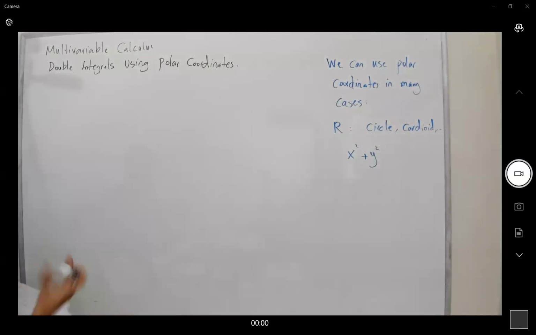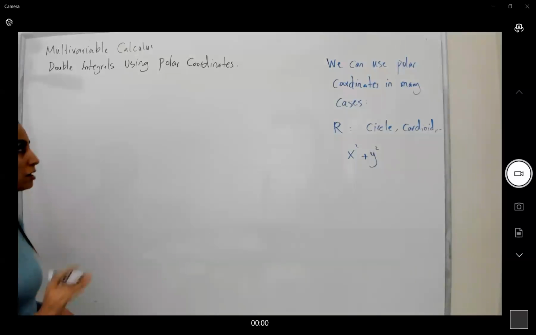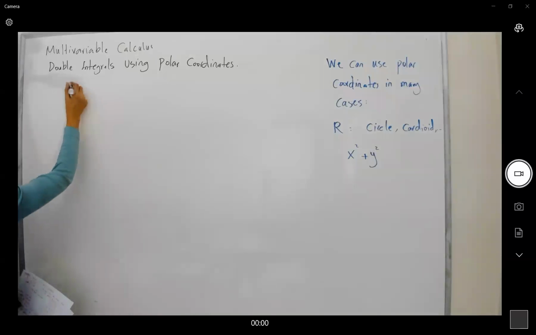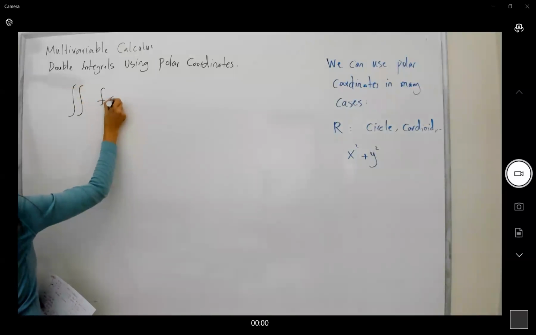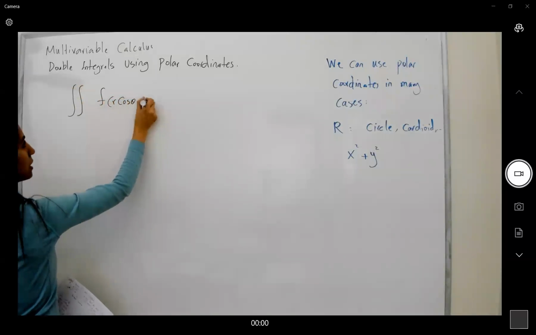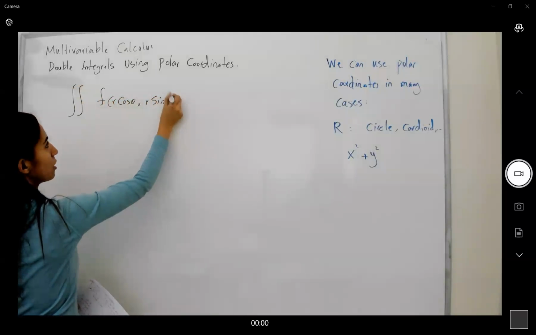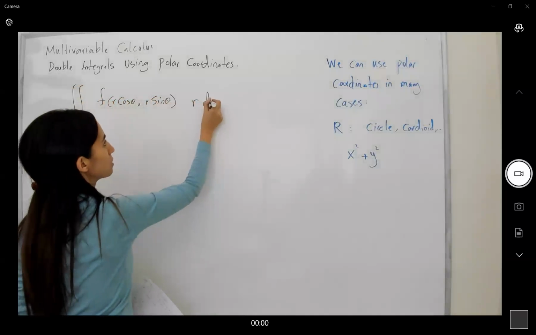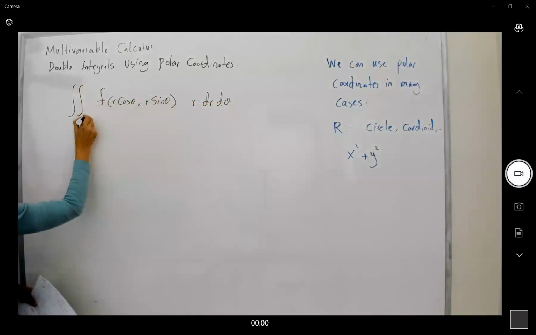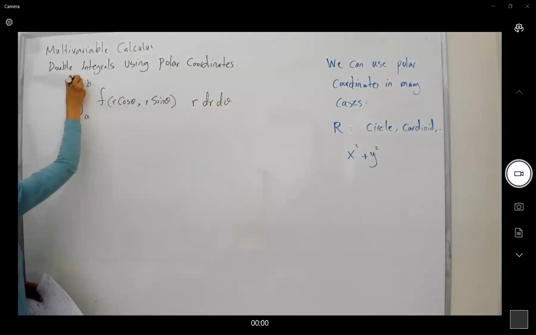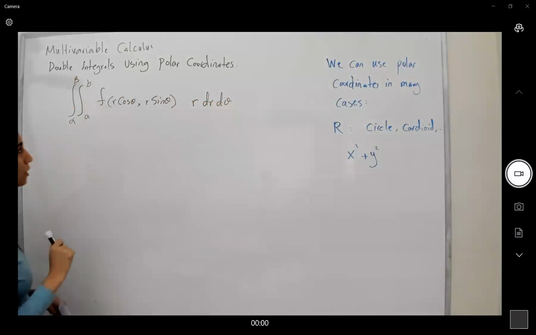Very well, let's begin. So the formula is the double integral of f of r cosine theta, r sine theta, times r dr d theta, with the condition that r is in between a and b, alpha is the lower limit of your theta and beta is the upper limit of your theta.